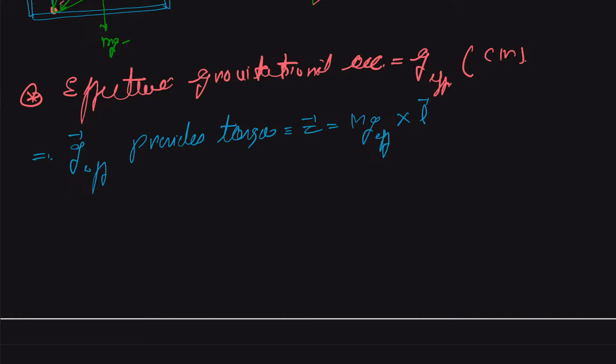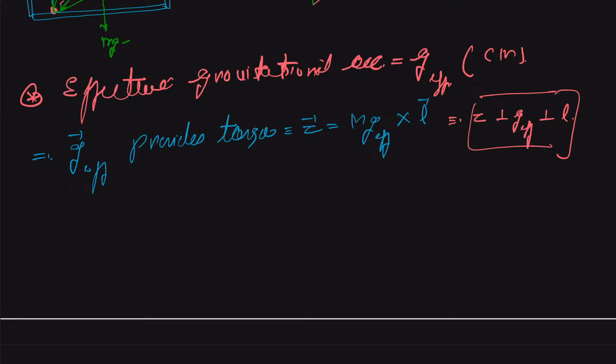And from here we can say that the torque is perpendicular to our g effective and is perpendicular to our length L. This we are going to use later on also.